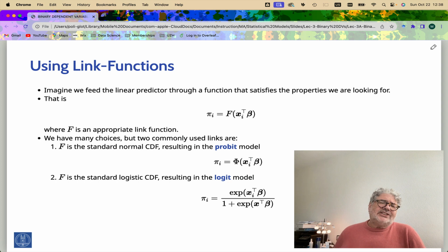And that means historically, even though the probit model is older, the method of Logits, as it was sometimes called, dominated for a long period in statistics. And here the capital F is taking the form of e raised to the power of the linear predictor divided by 1 plus e raised to the power of the linear predictor.